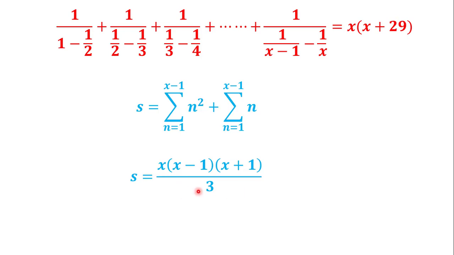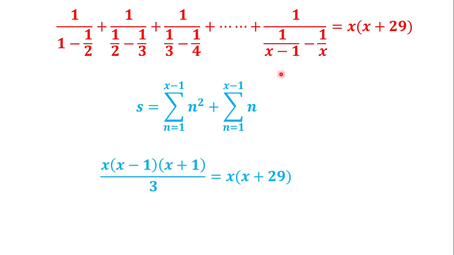So we put this fraction equal to x times x plus 29. As you can see, there is x on both sides, and since x cannot be equal to 0, so 0 is the root of this equation. So we can divide both sides by x.